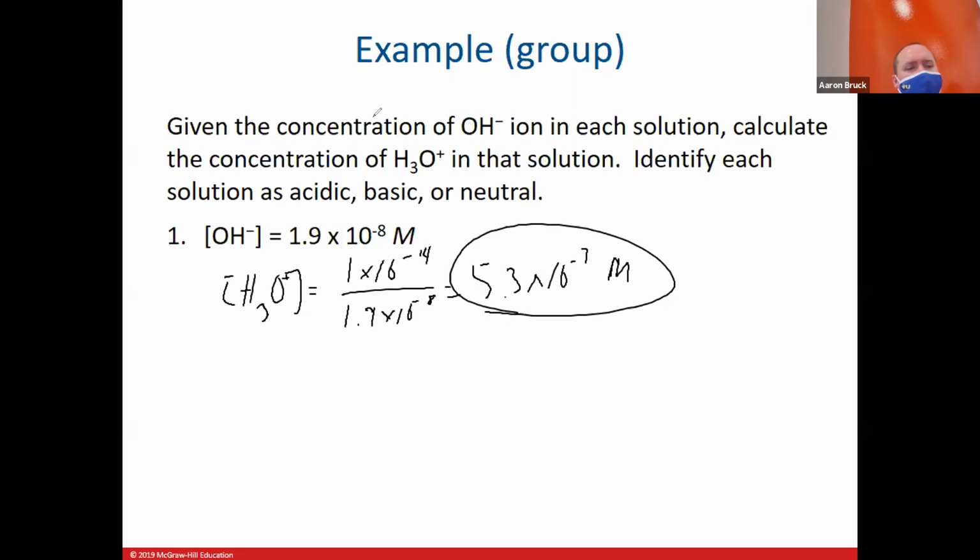Is this acidic, basic, or neutral? Well, there's two ways to look at it. One, I can compare 1.9 times 10 to the negative 8th molar versus 5.3 times 10 to the negative 7th molar. Which one of these is bigger?